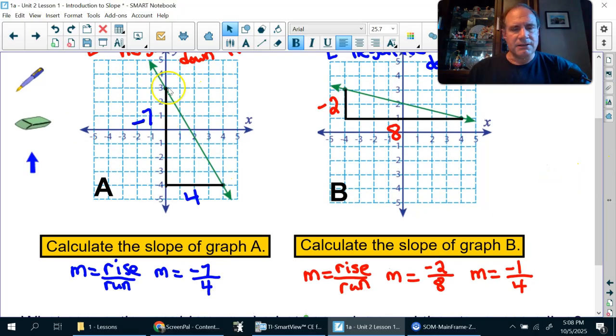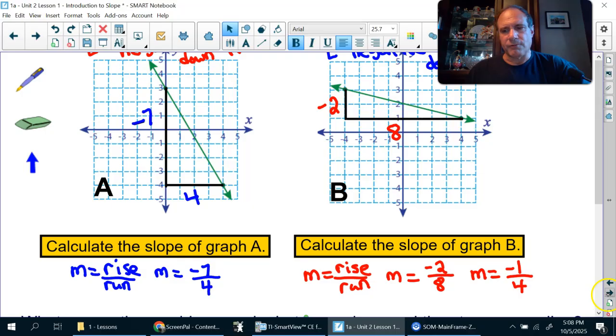So this graph A is steeper than B. -7 over 4 is furthest away from 0. -1 over 4 is really close to 0. So the decline is not as steep as the first graph.